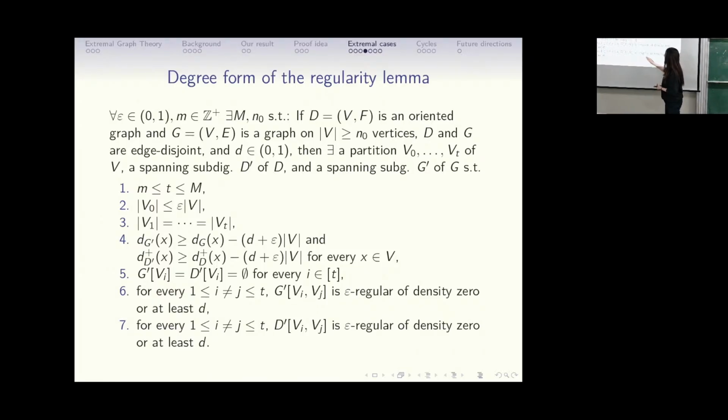And also I remove all the edges for the very low density pairs. And then I also make sure that at each vertex, I only remove up to a small portion of edges. So now this graph is regular, and furthermore, I can still use the degree bound up to some error term.